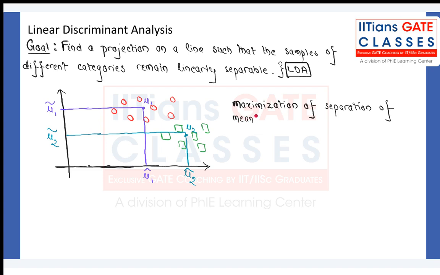Which also means I will maximize the difference between mu1 tilde minus mu2 tilde, so that I just want to maximize the separation between the two classes.